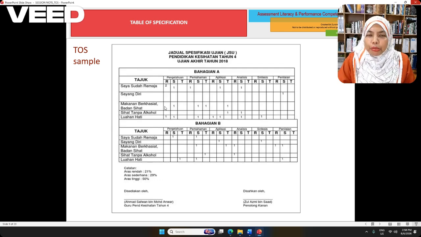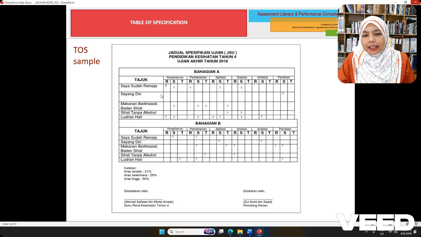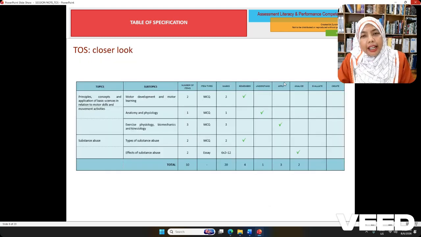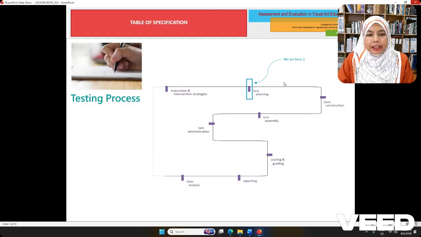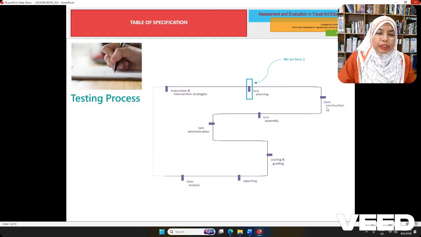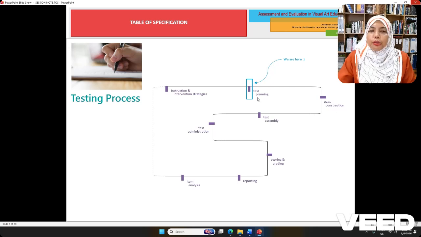And we will also be mapping each learning standard to specific levels on Bloom's taxonomy. And that is why in the topics that we have for this particular semester, we learn how to develop items first, then only we carry out the test planning process. So where we are in terms of the testing process as of this video would be here.